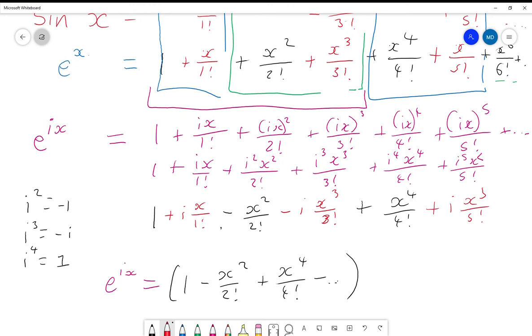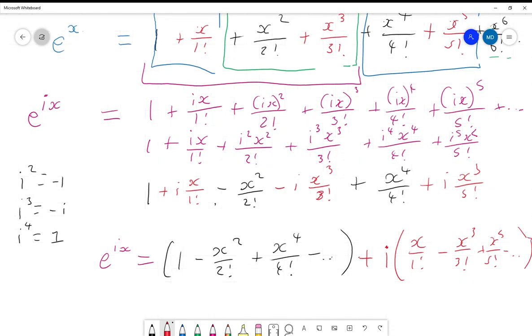And here we've got this extra term of i, so I'm just going to factor that out at the front. Plus i lots of x over 1 factorial minus x cubed over 3 factorial plus x to the 5 over 5 factorial, and so on. And what do we have here?